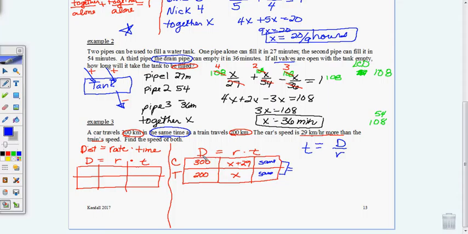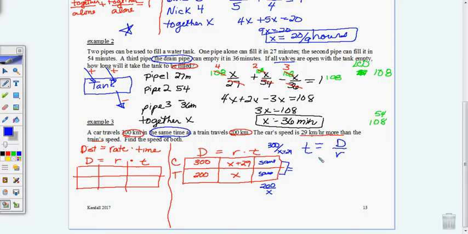Did I just goof that up? So its time is 300 over x plus 29, and this one's time would be 200 over x.